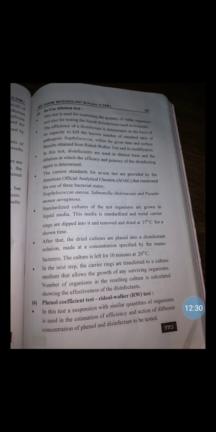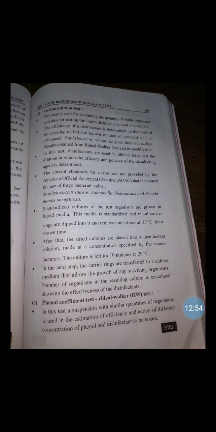Then the result is obtained from the Rideal-Walker test and its modification. In this test, the disinfectants are used in diluted form, and the dilution at which the efficacy and the potency of the disinfecting agent is determined.